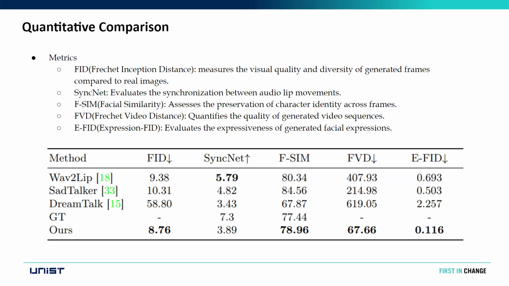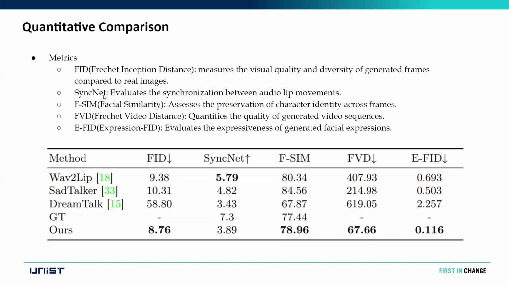I think we use some pre-trained visual image encoder, like I think VGG or Inception, and we use the later feature map to compare with the reference image.